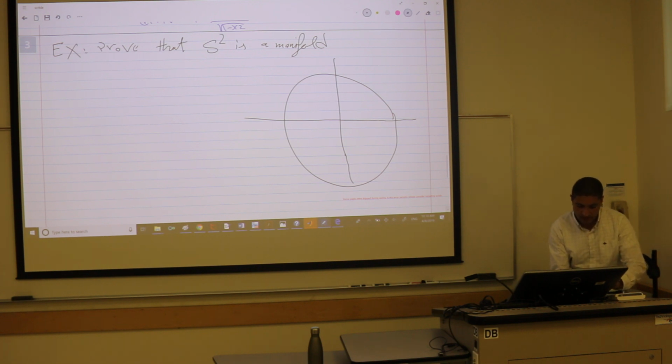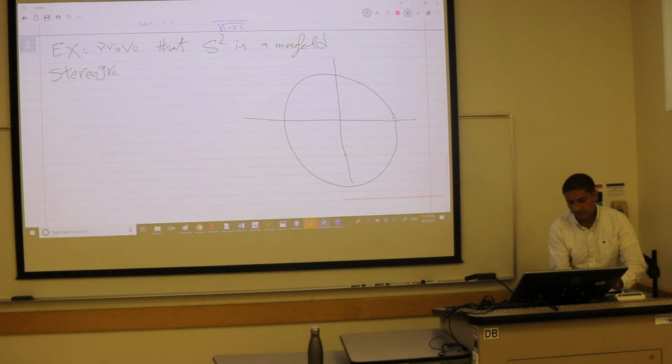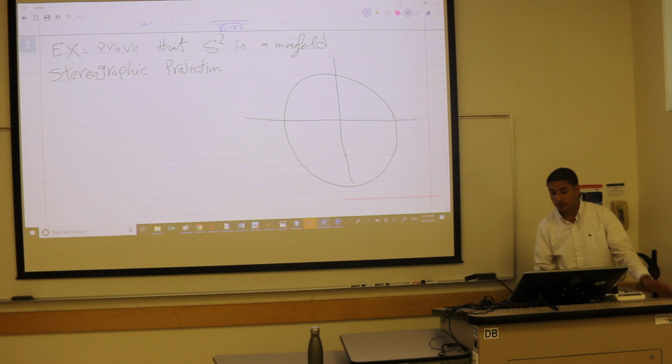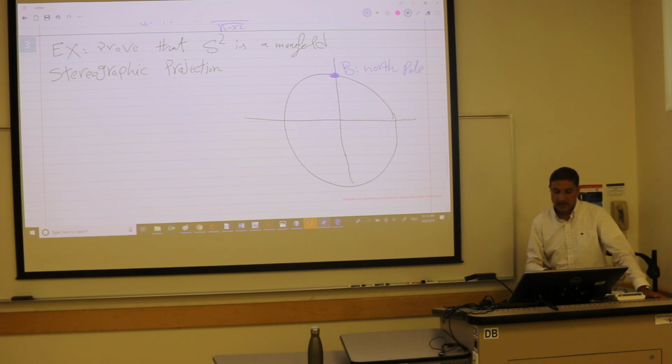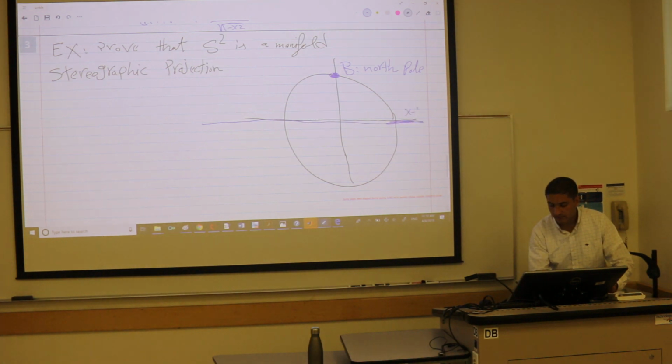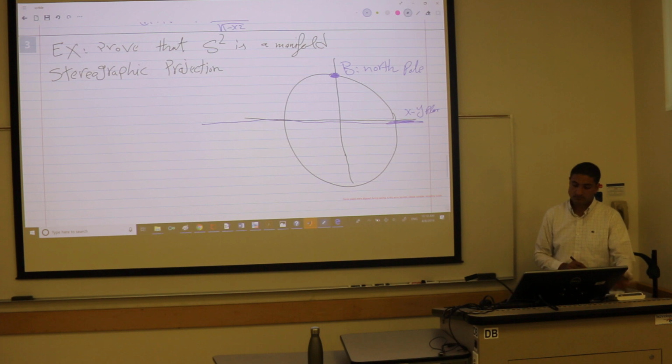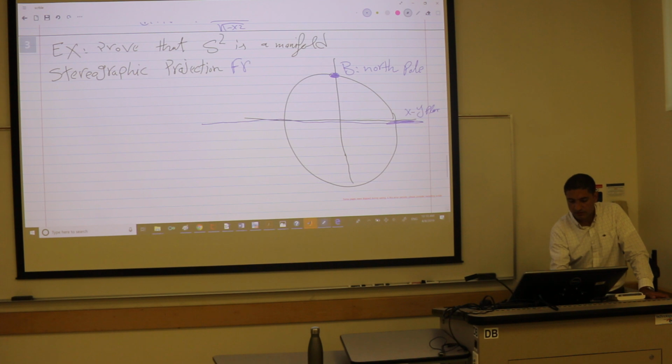We will define the following. I'll do it with you using, which is the standard actually, stereographic projection. So in the stereographic projection, you choose a point. Pick any point you like on the sphere, maybe this one, which is the North Pole. And you pick a plane, I will pick the XY plane. You can do it from any point, I will do it from the North Pole.